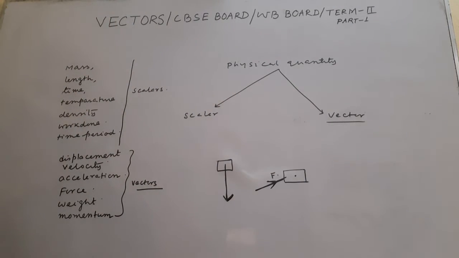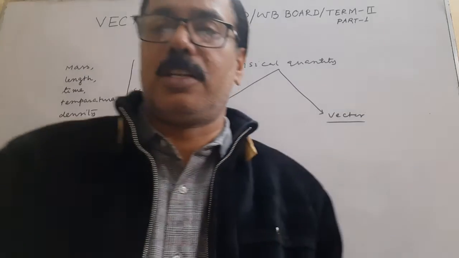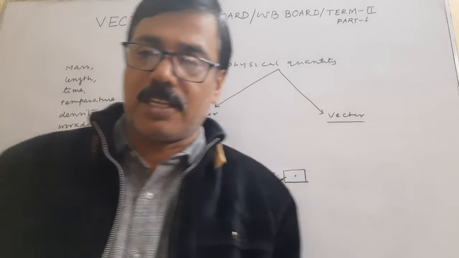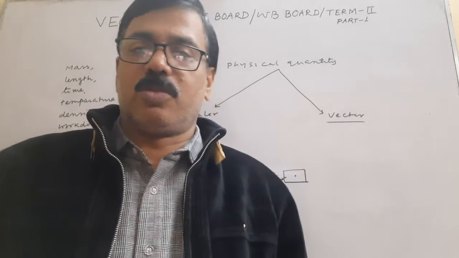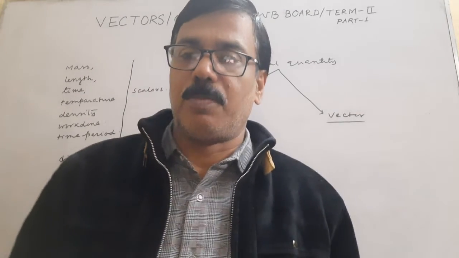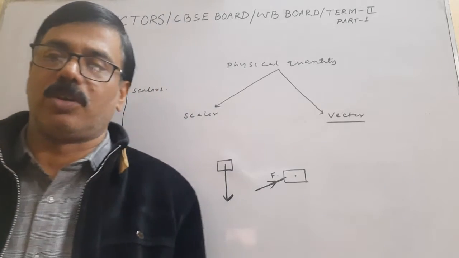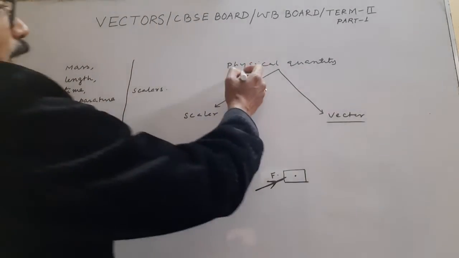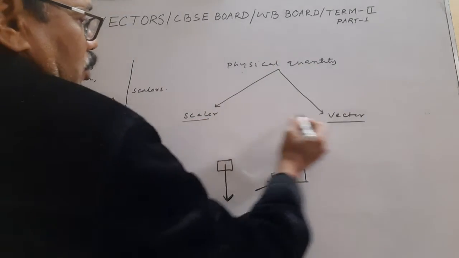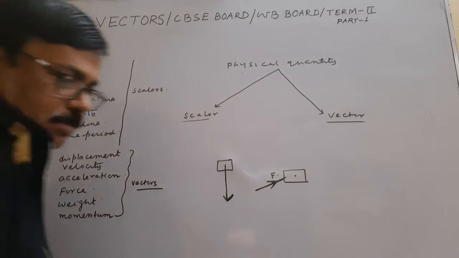So we know this definition from class 6 or 7. Physical quantities are of two types, scalar and vector.